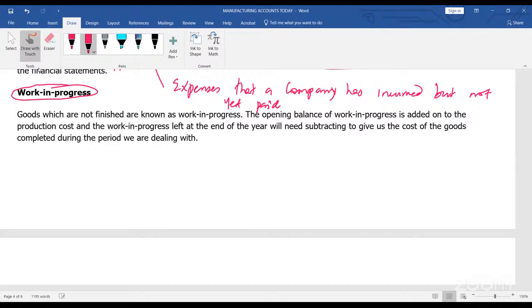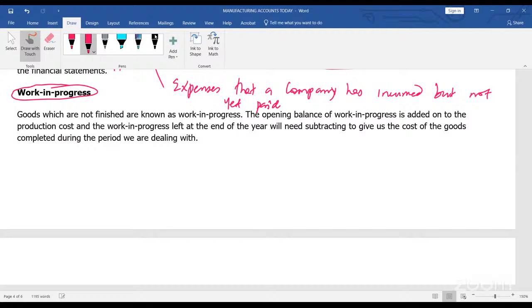So there will be opening work in progress as well as closing work in progress. The opening work in progress is added onto the production cost, and then the closing work in progress at the end of the period will need subtracting to give us the cost of the goods completed during the period we are dealing with.